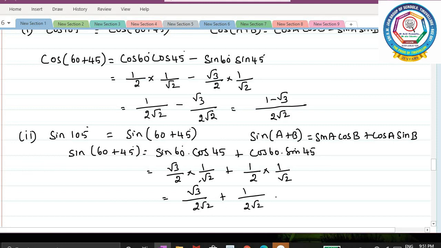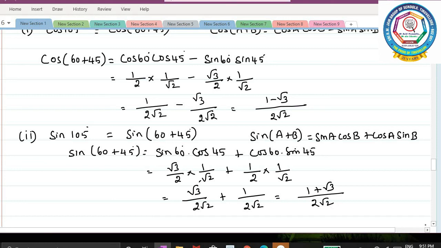Now you check both denominators are equal, you can add the numerator directly, 2 root 2. So 1 plus root 3. Sin 105 degree, that is equal to 1 plus root 3 by 2 root 2.